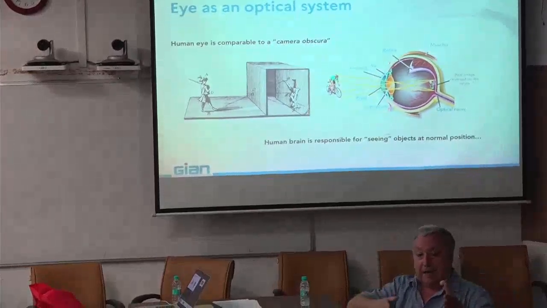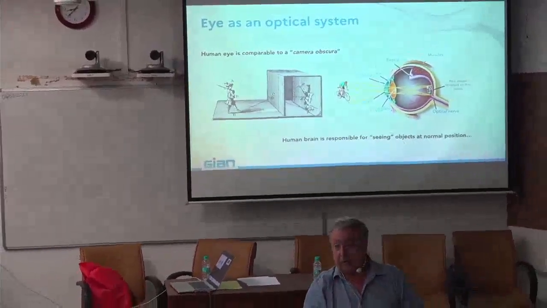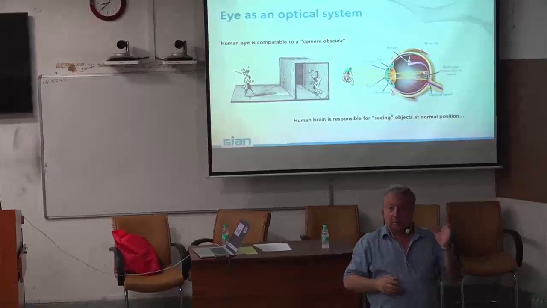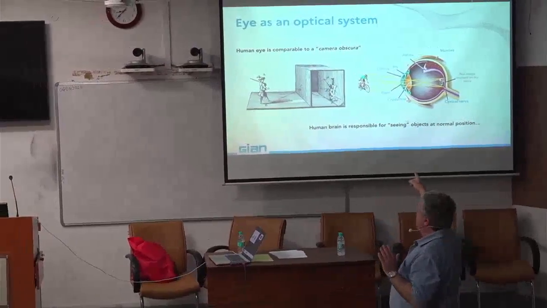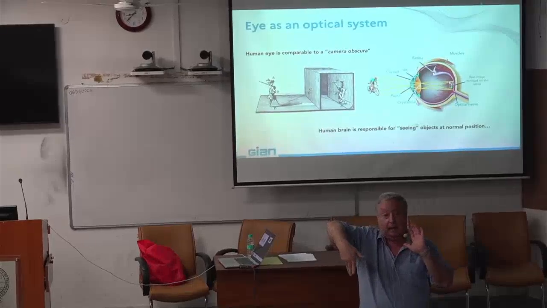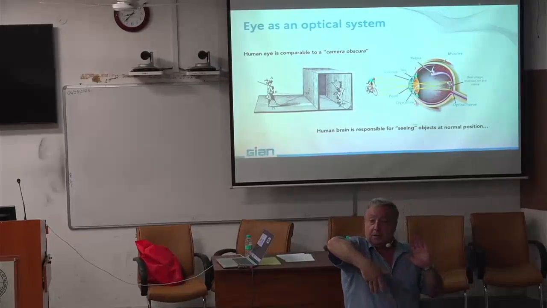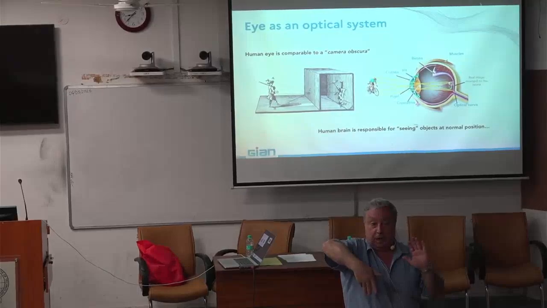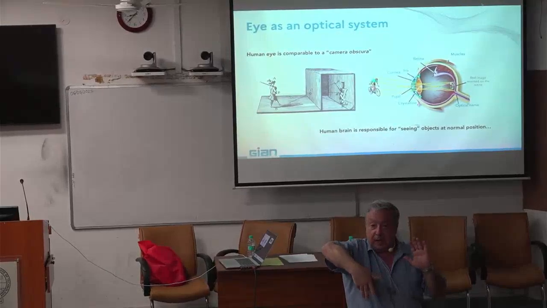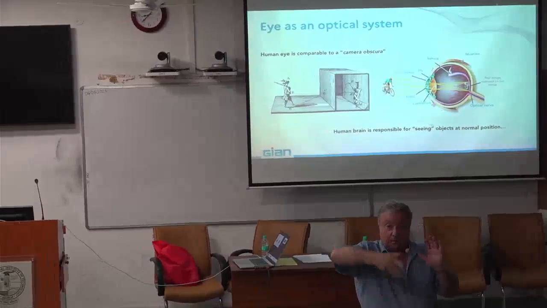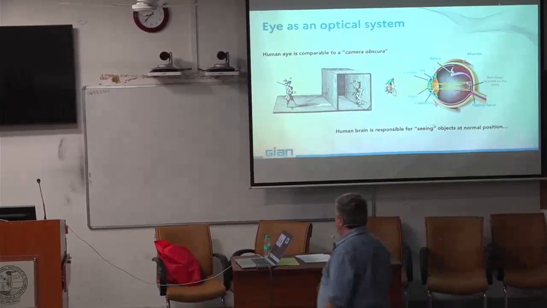Here it is not flat, it's curved, but what is important is that you see the cyclist in the right position, but in reality the cyclist image is formed in the opposite position in your eye. It's not the eye that changes the position of the object. And I will show you an example.